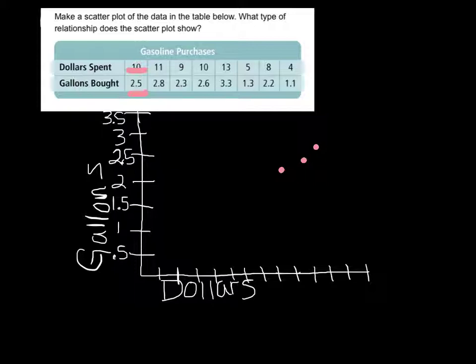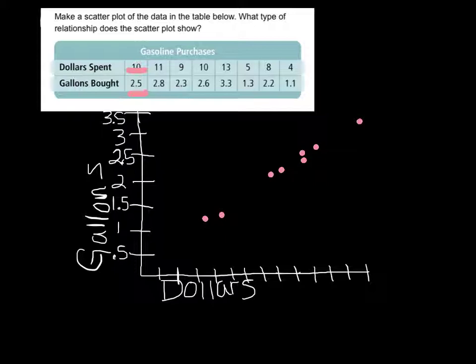Your next one is going to be 10, 2.6. 13, 3.3, 5, 1.3, 8, 2.2, and then finally 4, 1.1.